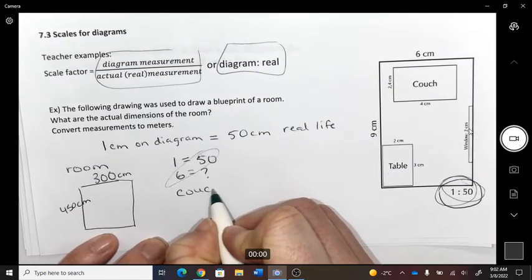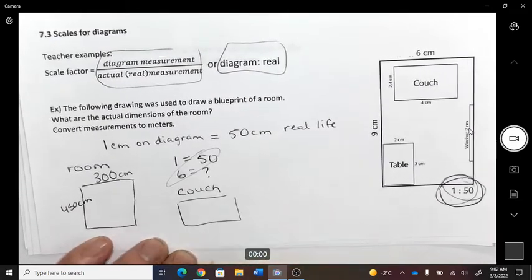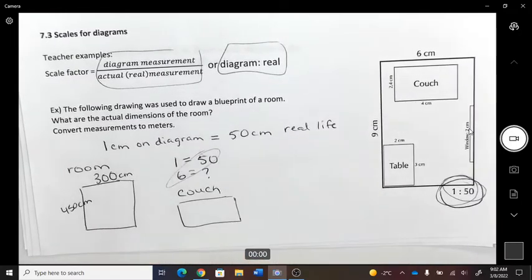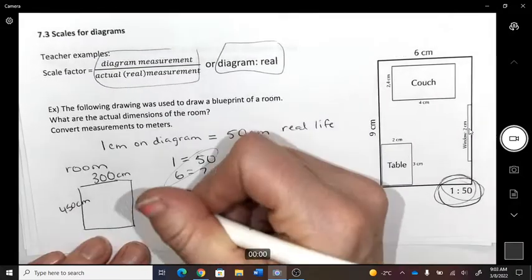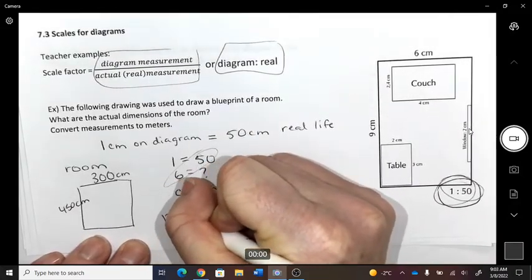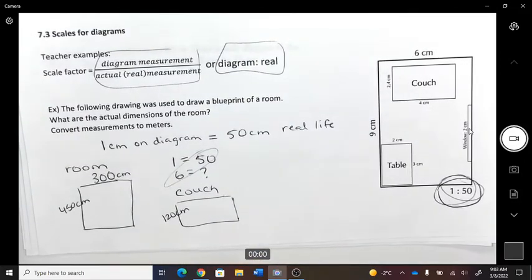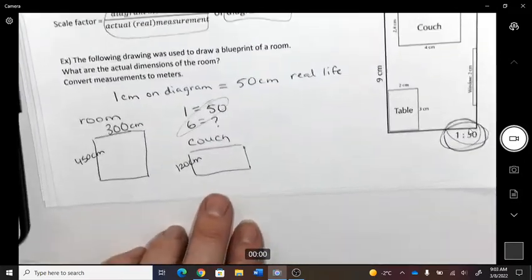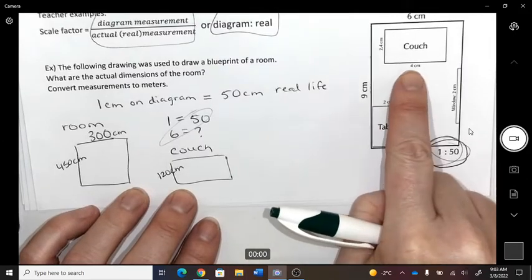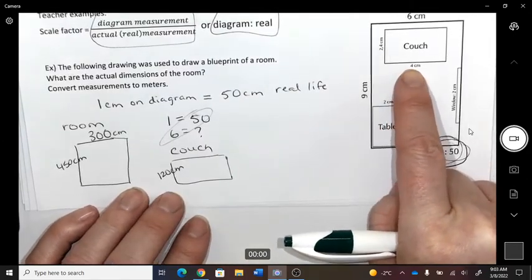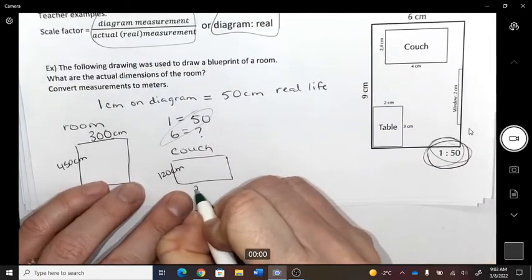So how big is our couch in real life? Okay, so times by 50, so we have a 2.4. So the couch is 120. And 4 times 50 on this side of the couch. So 4 times 50 is 200.